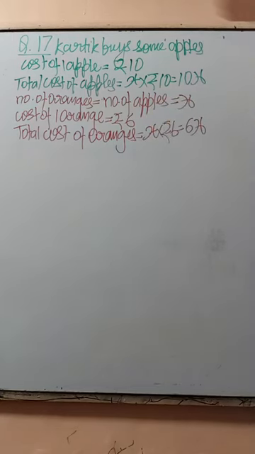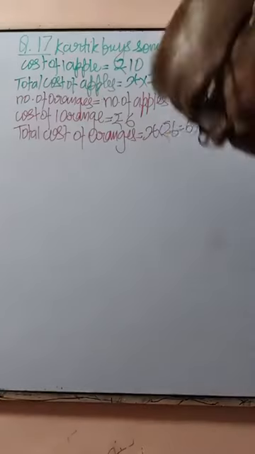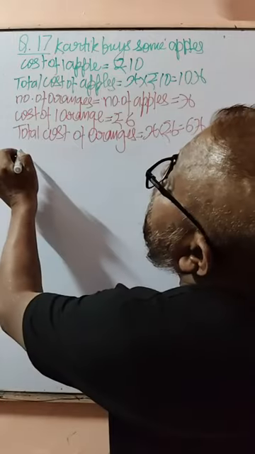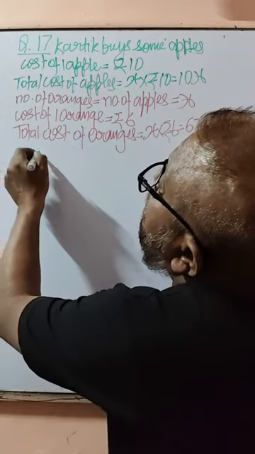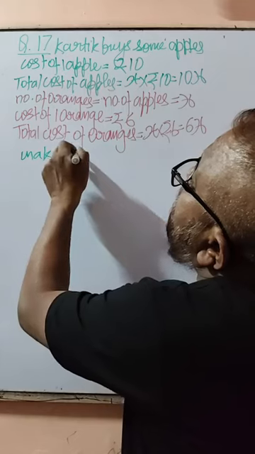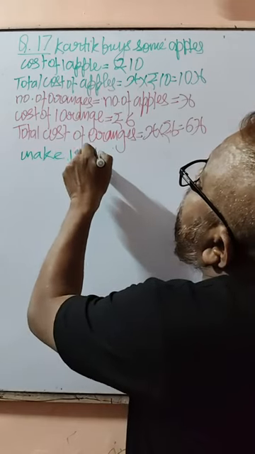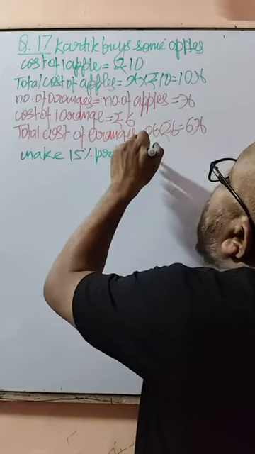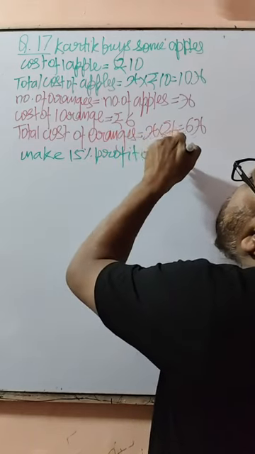Okay, now what is the question? Sir, he makes a 15% profit on apples and 8% profit on oranges. Okay, just wait. He makes 15% profit on apples.